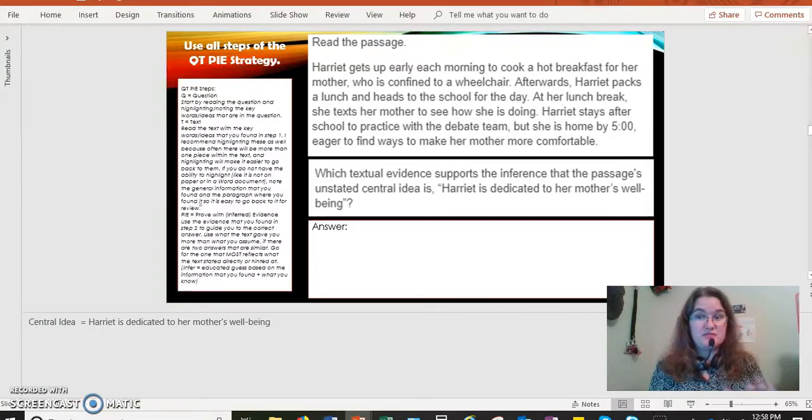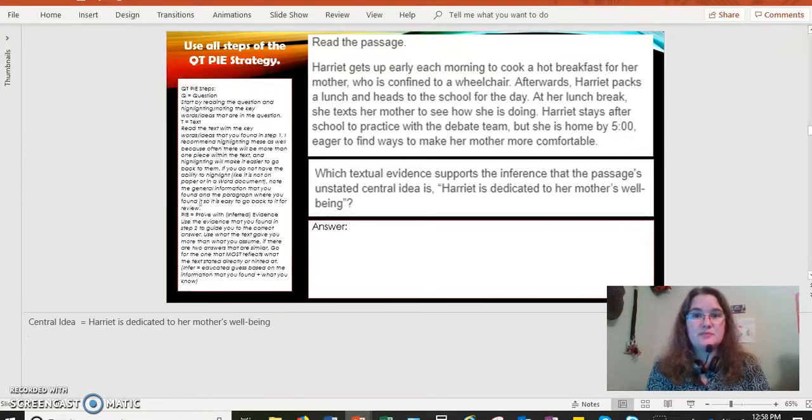So those are the most important keywords or ideas that the question is asking. So then I take that, I think about it as I'm reading, and anytime anything comes up that relates to the fact that Harriet is dedicated to her mother's well-being, then I know that is going to be part of the answer. Okay? So I'm just going to put it right down below it.